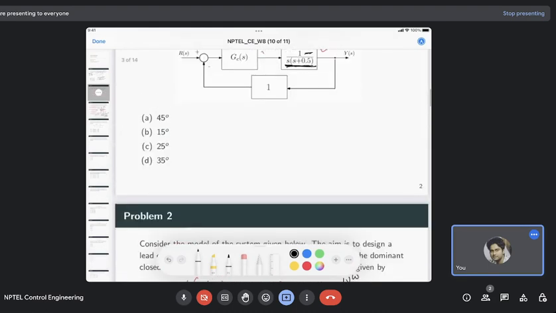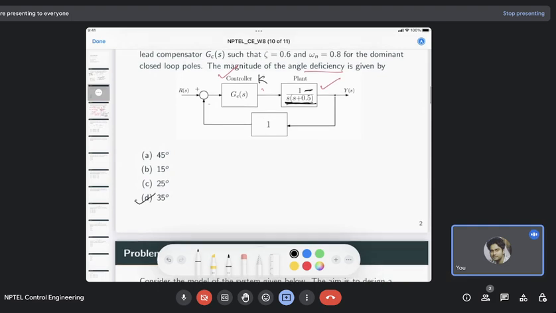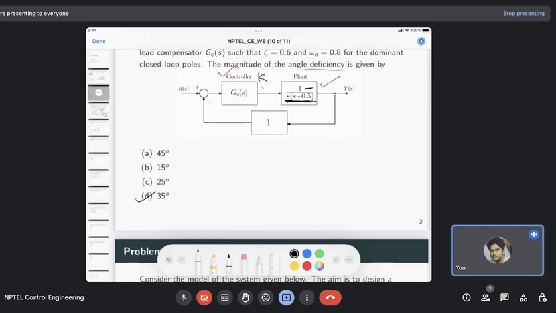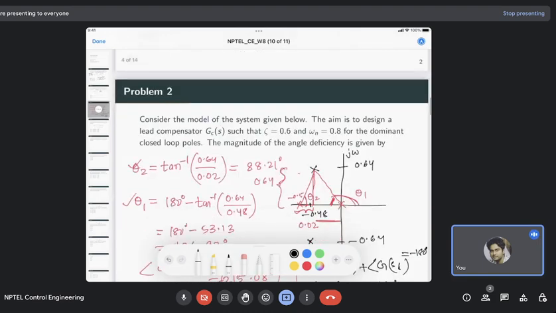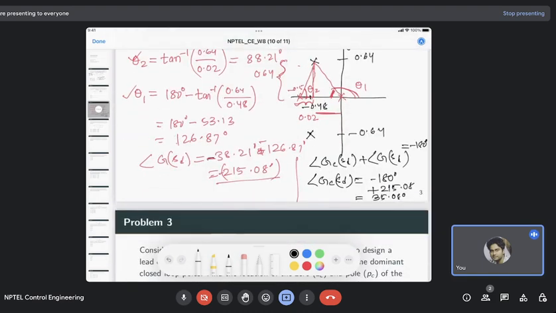To recapitulate, we first observed the angle contribution from the plant only at the dominant pole location, and we see that this angle is not minus 180 degree, or an odd multiple of minus 180 degree. That means the dominant poles are not located on the root locus.